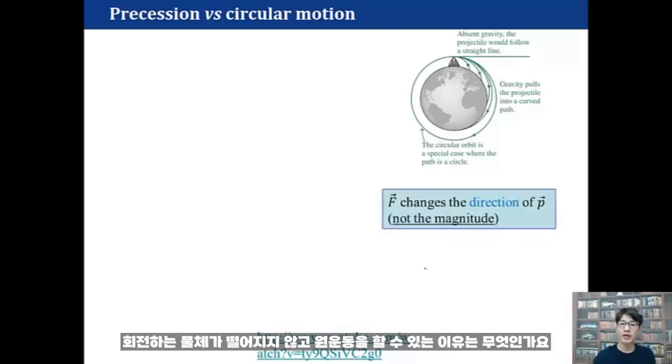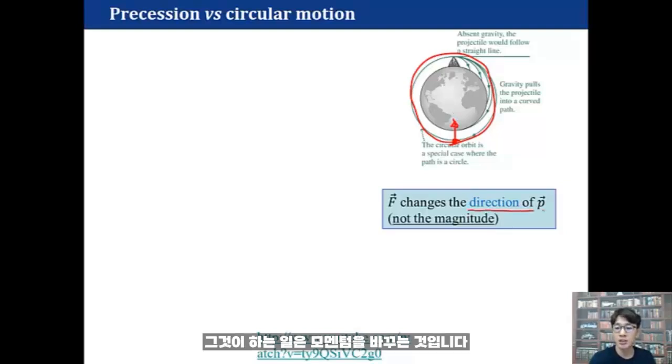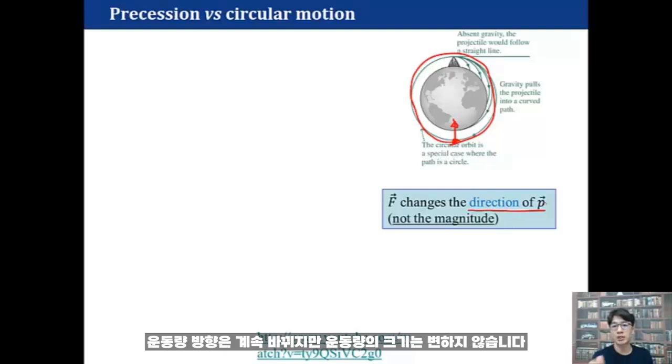Okay? Why can the object go through this circular motion without falling? Because this pulling force, this attracting force, just changes the momentum. It keeps changing the momentum direction, but the magnitude of the momentum doesn't change.